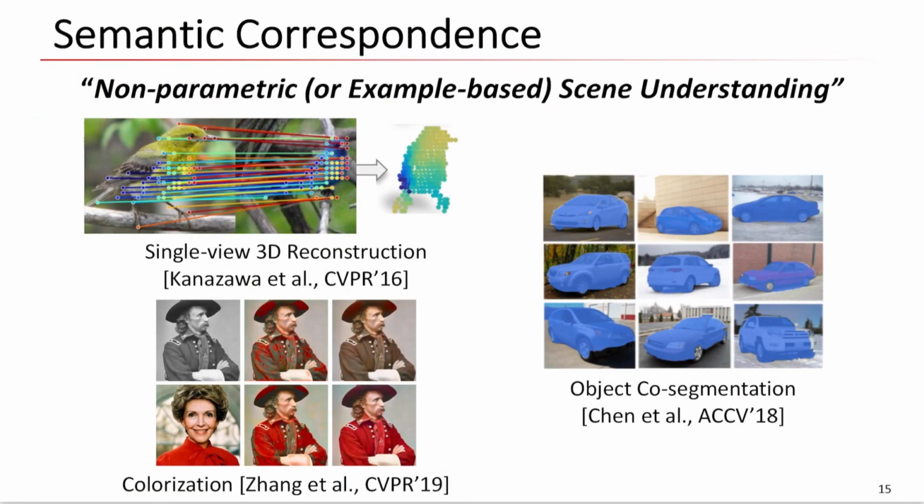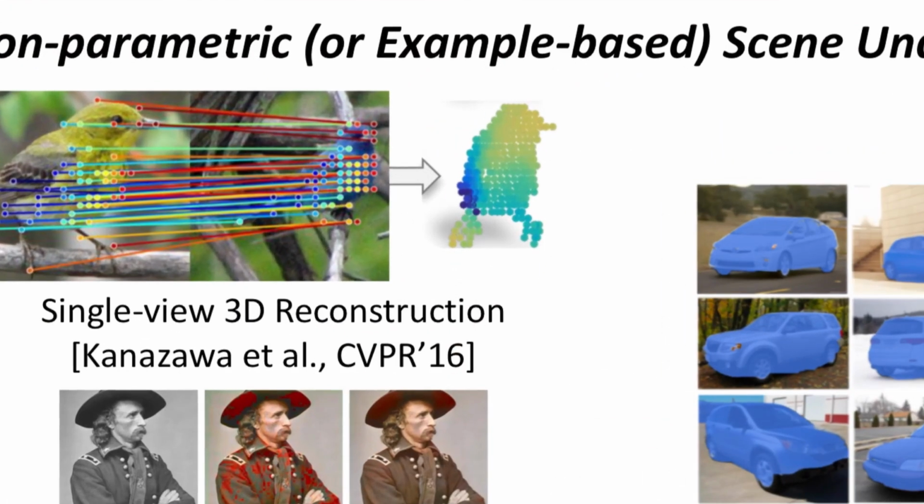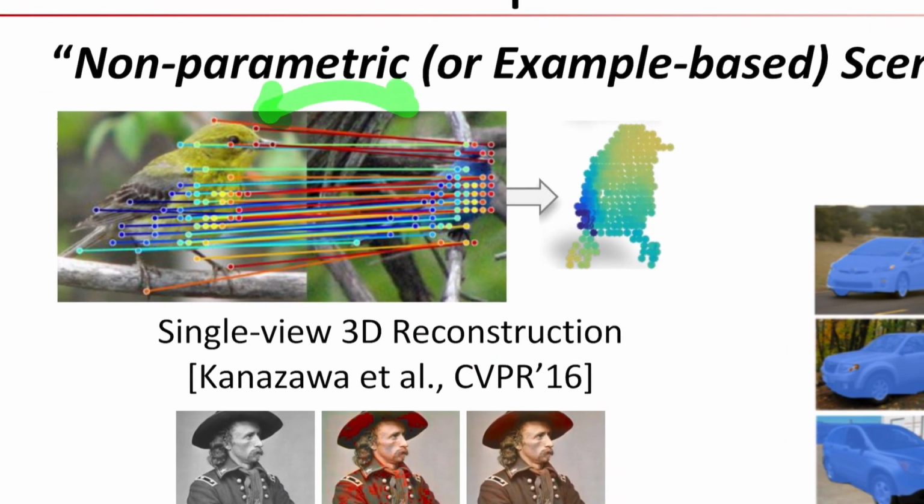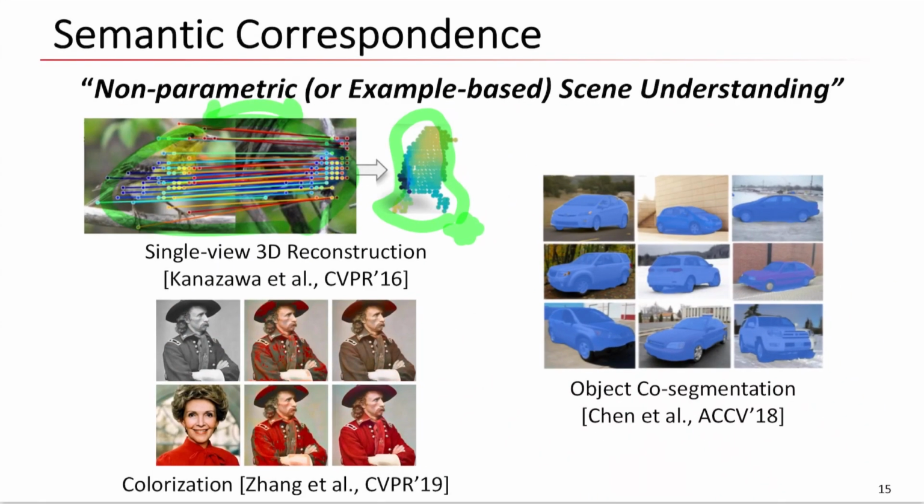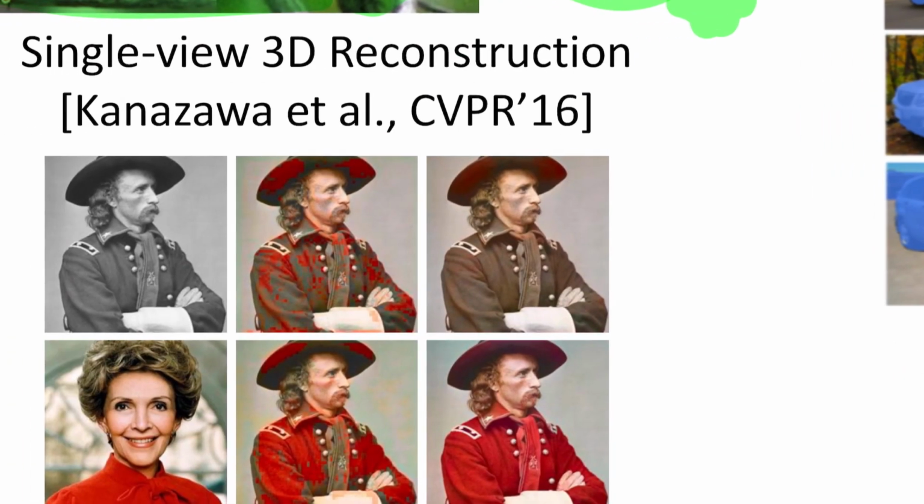And what else? By using different instance images from the same object category, we can reconstruct the 3D information from the single view images. Or colorization.